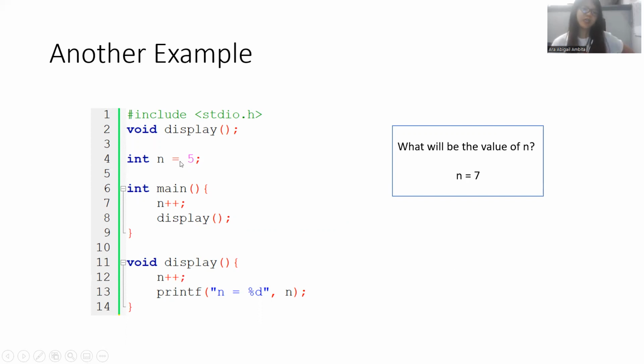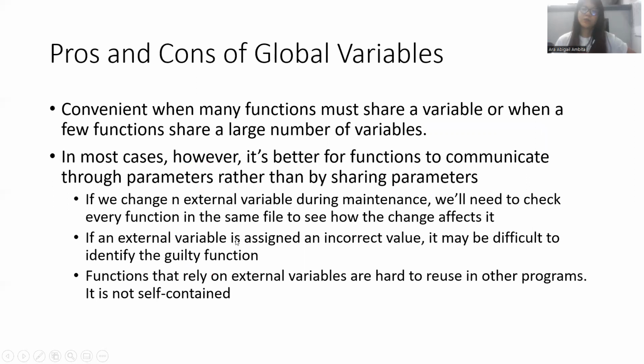As you can see, you don't have to redeclare this integer n inside your main and display because it is already declared outside, and therefore still accessible in your other functions. It is convenient when many functions must share a variable or when a few functions share a large number of variables.